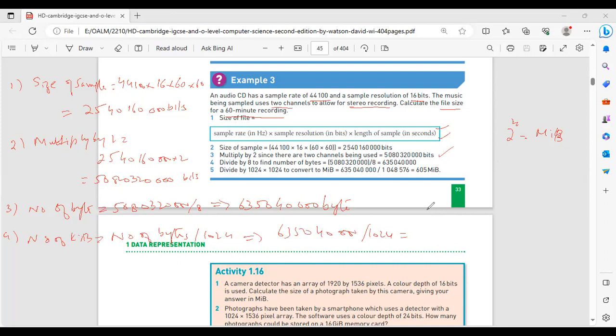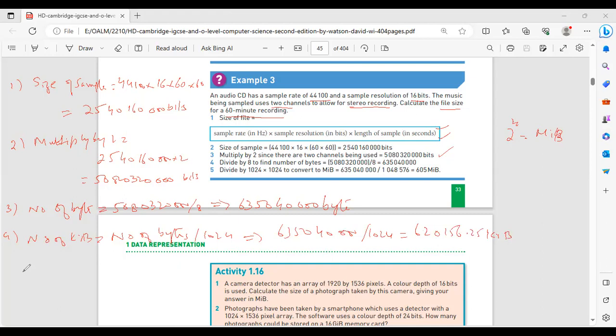Now divide this by 1024 and you will get 620,156.25 KB.